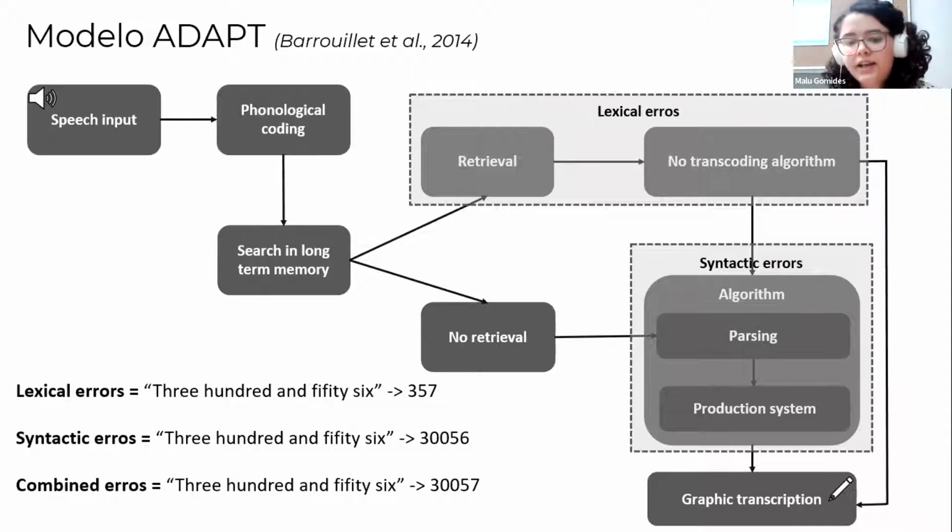On the other hand, syntactic errors: these lexical primitives are retrieved correctly, but there is a change in the place value structure of the number. So basically, lexical errors would occur due to problems in this lexical route, and syntactic errors would occur due to problems in this procedural route.